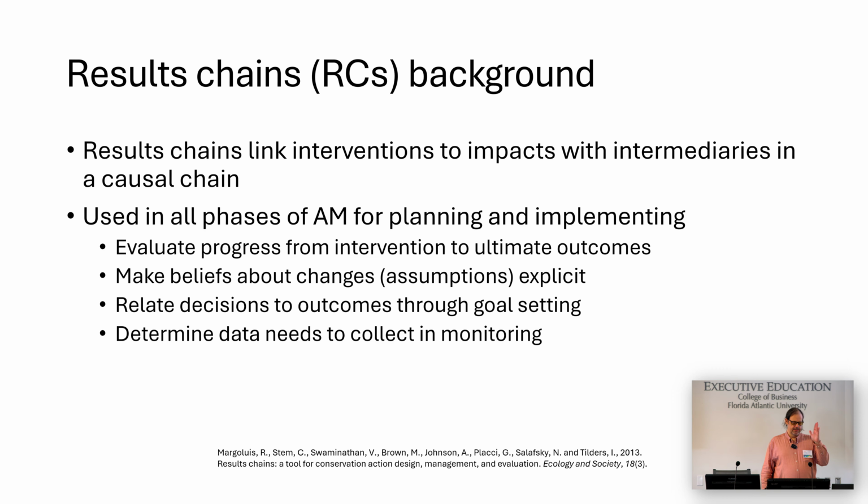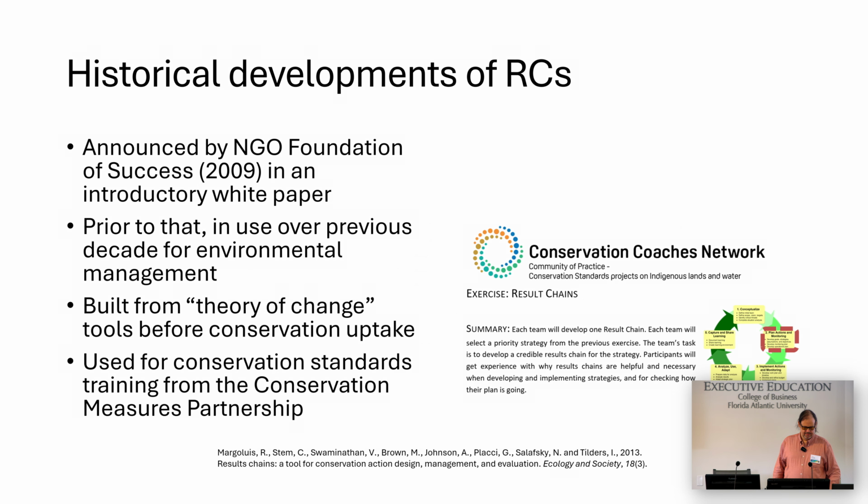You set up the results chain to evaluate progress from your initial intervention to your ultimate outcomes or objectives, and it's a nice way to make your beliefs and assumptions about the decision problem and implementation explicit. So a little bit about the history. It was first announced in a white paper by an NGO, Foundations of Success. Prior to that, it was in use over a previous decade for environmental management.